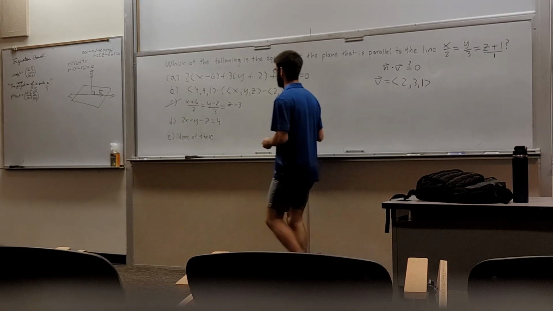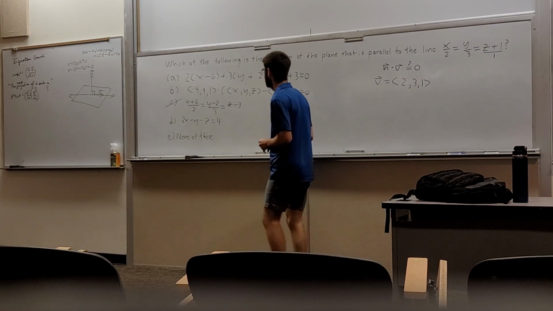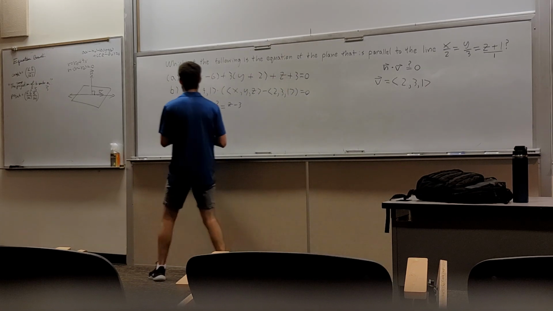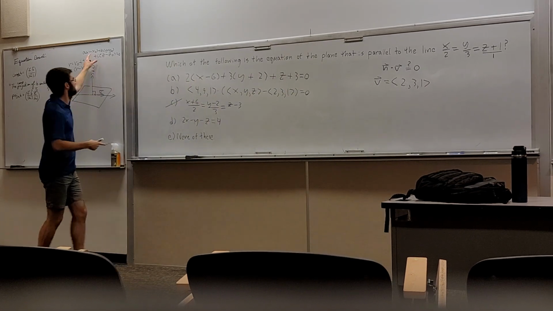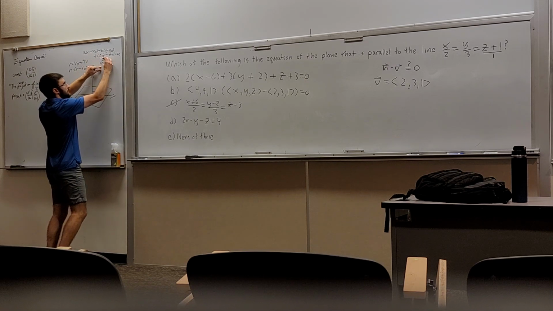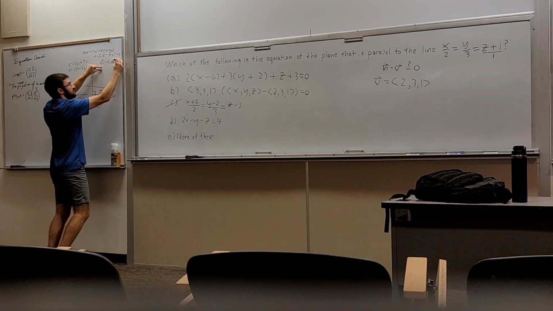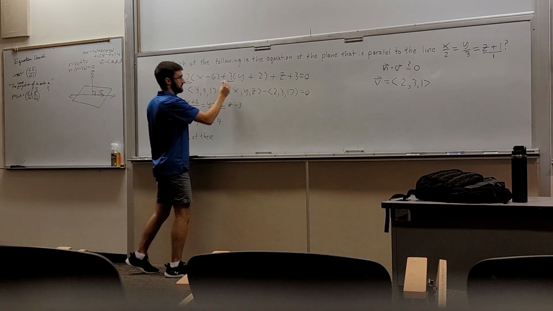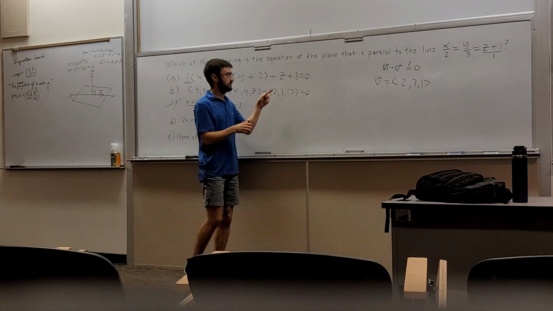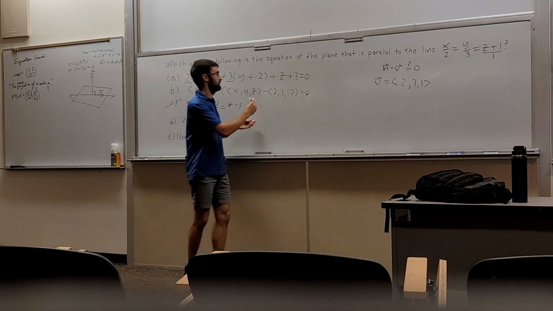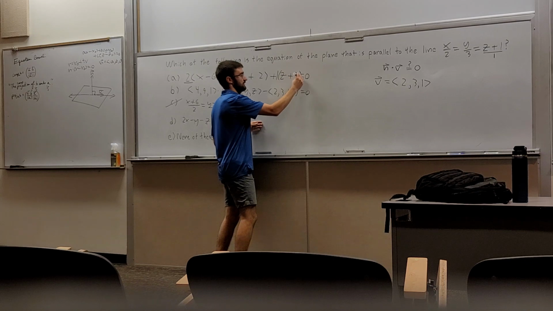And now we'll look at the normal vectors for A, B, and D. So for A, you see this is in this form here, where the normal vector is A, B, C. So we have A is 2, B is 3, and does anyone know what C is equal to here? Yeah, it's just going to be 1, because this is the same thing as 1 times that.